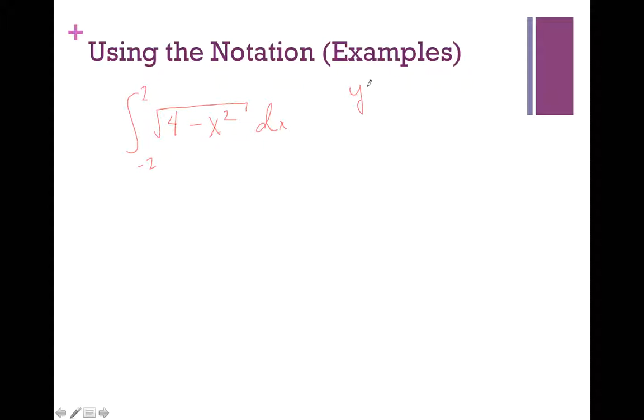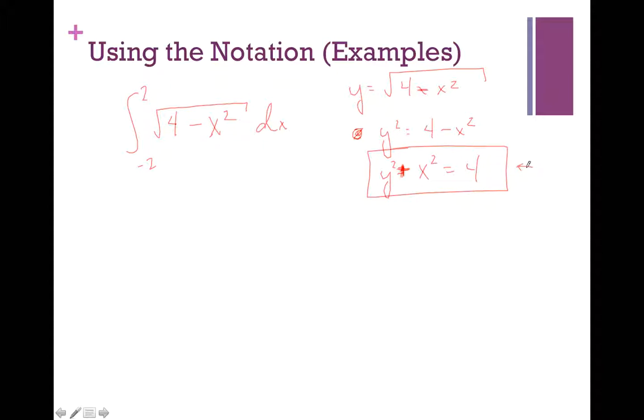If we look at this, y equals the square root of 4 minus x squared. If we square both sides, we get y squared is equal to 4 minus x squared, which gives y squared plus x squared is equal to 4. That is the equation of a circle.